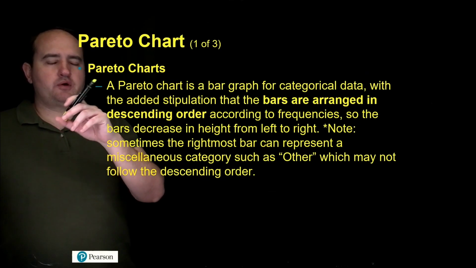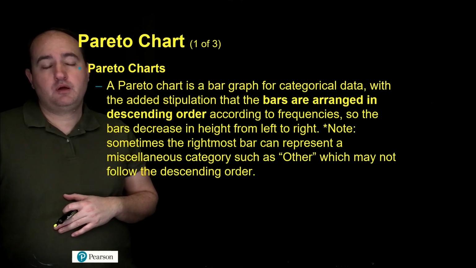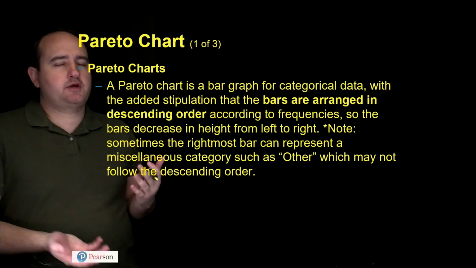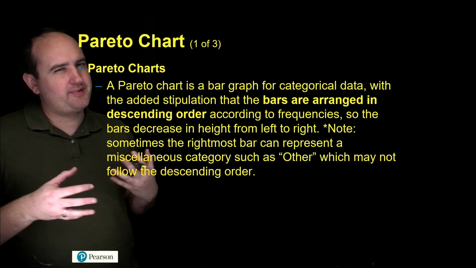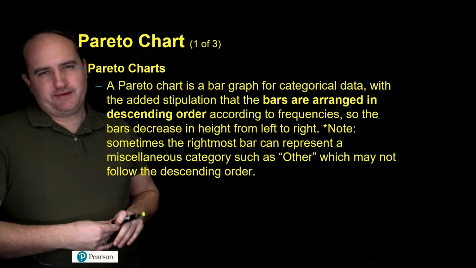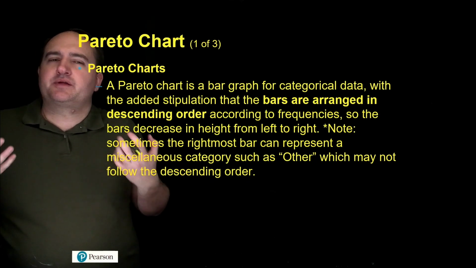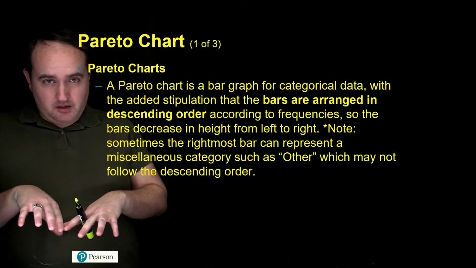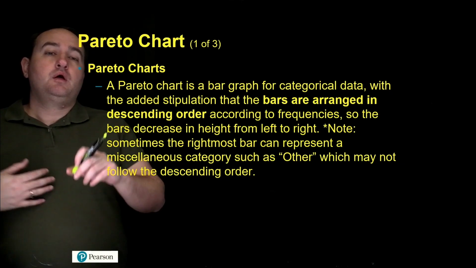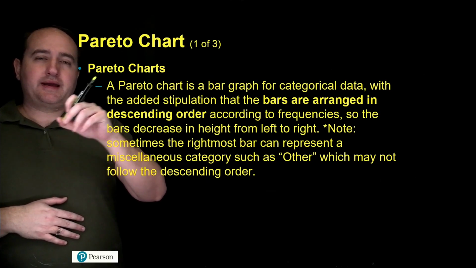This is the most important type of bar graph. I guess you could technically call a histogram a bar graph, but that's a little bit frowned upon. Even though it looks like a bar graph, it's technically called a histogram because it has quantitative data. Well, in this slide, we're learning about Pareto charts.